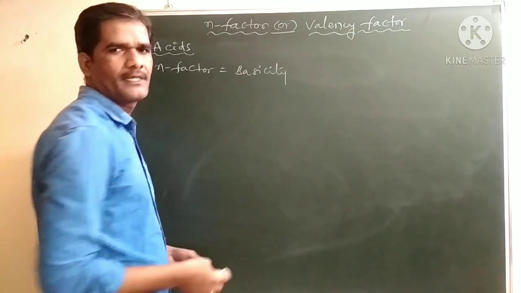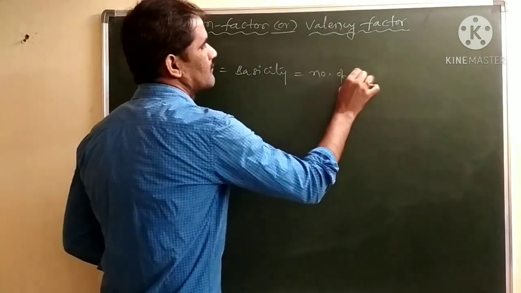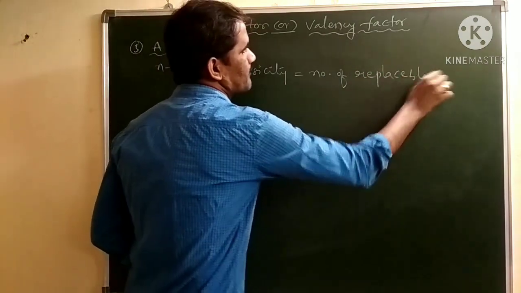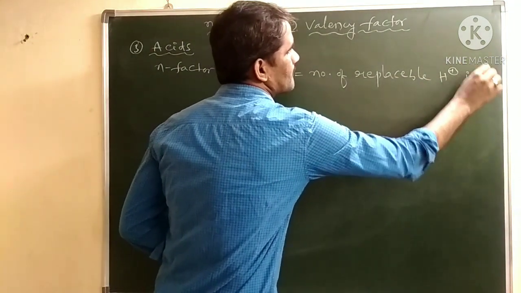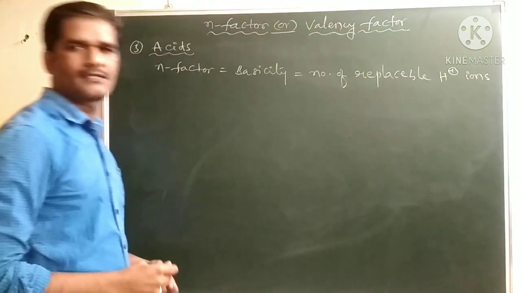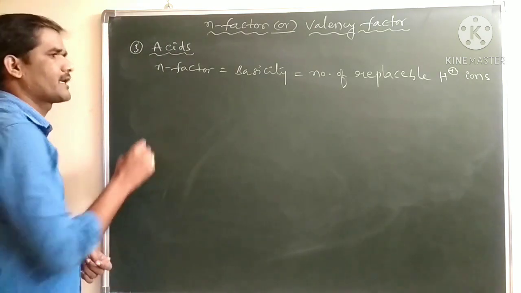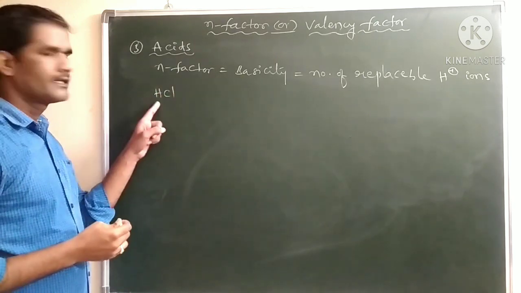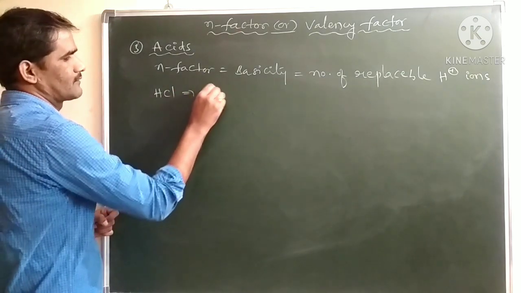It is the number of replaceable H plus ions. Number of replaceable H plus ions is its basicity. Again, let us take examples. HCl, here it replaces only one H plus ion, so its N factor is 1.